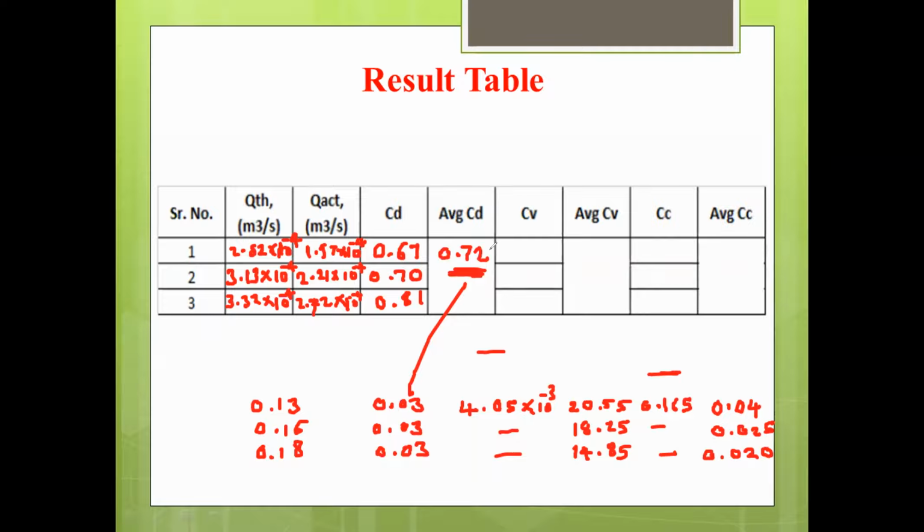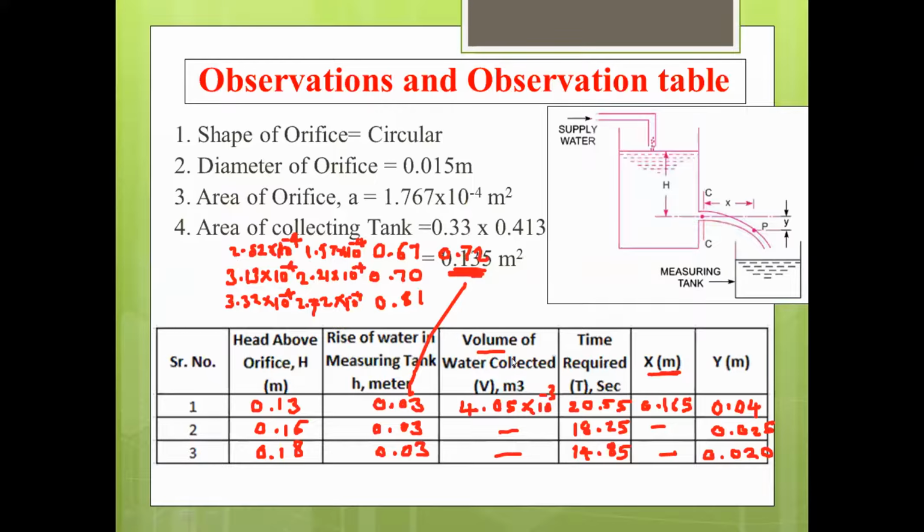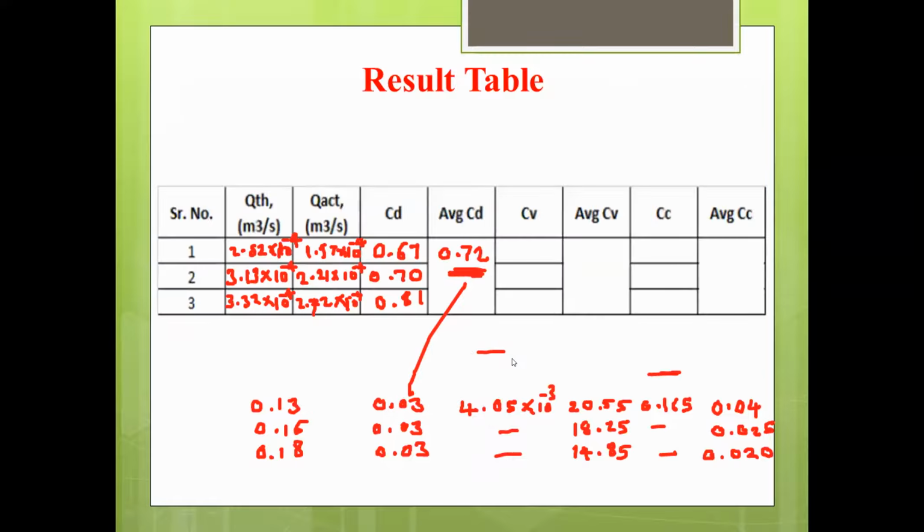Okay. Then next is the CV. To find out the CV, what is the formula? X divided by under root of 4YH. What is X value here? X value we have kept constant, and that X value is 0.165. So 0.165 divided by under root of 4 into H and Y. What is H?